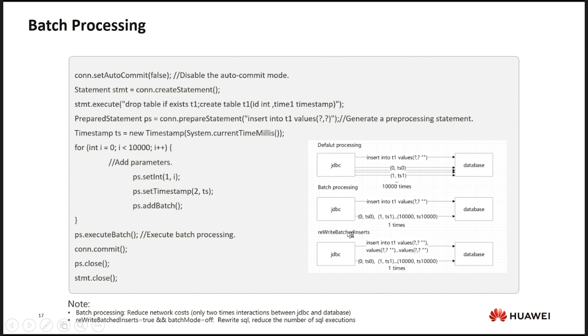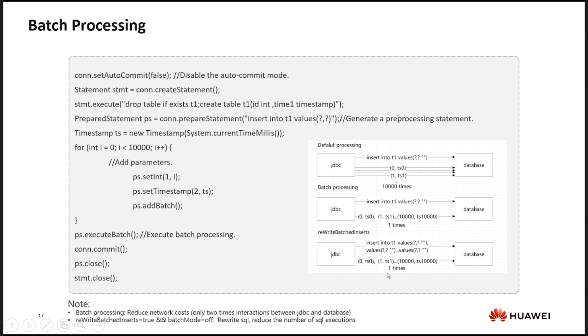With this mode, it can perform batch processing, and it will also rewrite your insert SQL with multiple values like this. There are multiple values, and all those binding values will be sent at once.